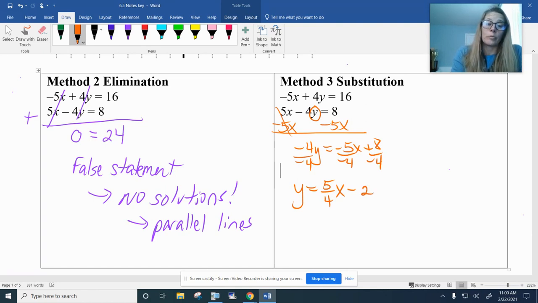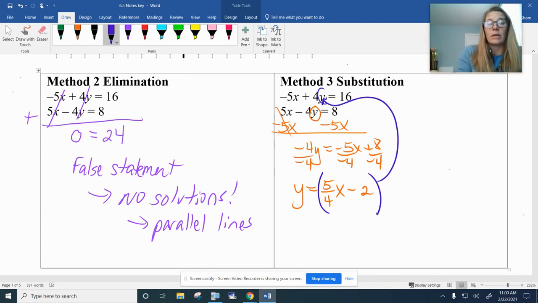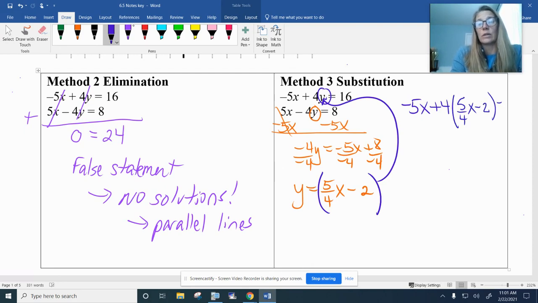All right, so now in this situation here, I have the y by itself. So I can now substitute this piece here into the y that we have not used yet. So that would be the second part of substitution. So negative 5x plus 4 times 5/4 x minus 2 equals 16.